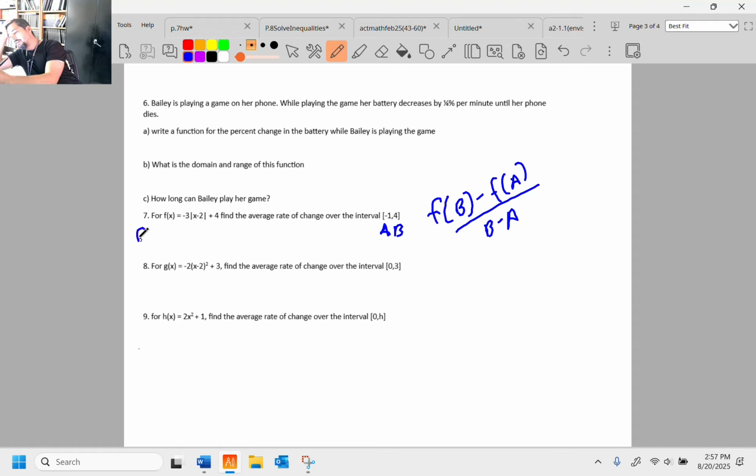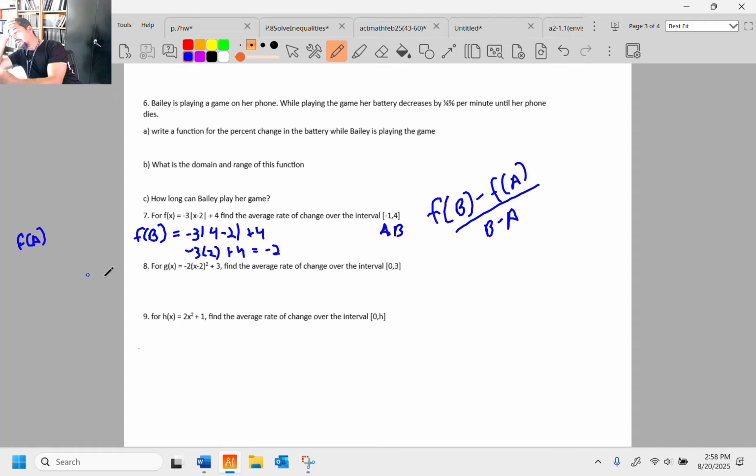So if I want to find f of b, everywhere I see an x, I'm going to replace it with a 4. So it's going to be -3 absolute value of 4 minus 2, add 4. Now 4 minus 2 is 2, and the absolute value of 2 is 2. -3 times 2 is -6. Add 4, I'm sitting at -2. Cool, got to find f of a now.